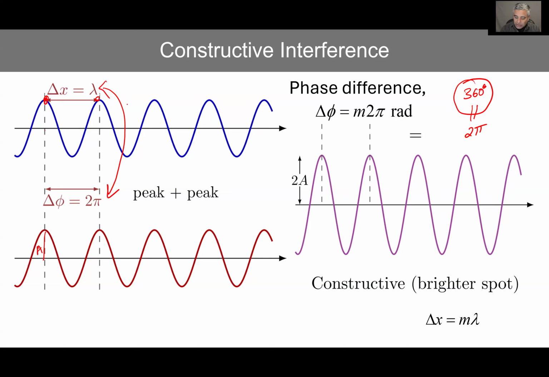Okay, so now when does constructive interference occur? If we want to write that in terms of an equation, what do we do? The phase difference, and usually we use the symbol phi for the phase, and phase is nothing but a fancy word for angle. Just like we said, in one complete rotation it goes through 360 degrees or 2 pi radians, right?